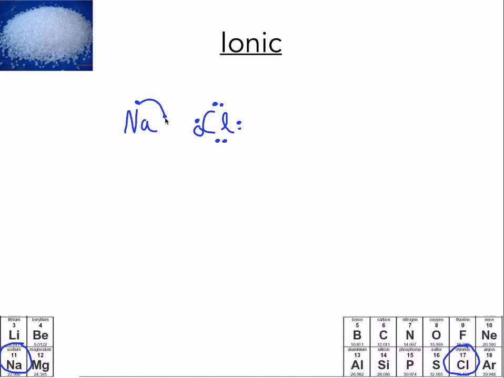Chlorine pulls on that electron and we get your typical ionic transfer. Okay. And what results is sodium that has 1 empty shell, leaving it with a +1 charge, and chlorine now that has a full octet of electrons and owns that transferred electron.